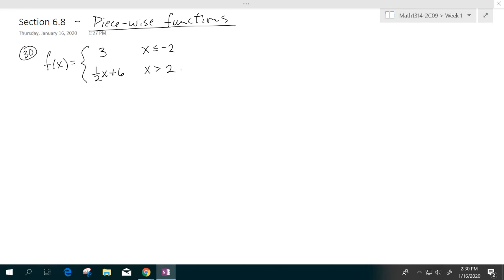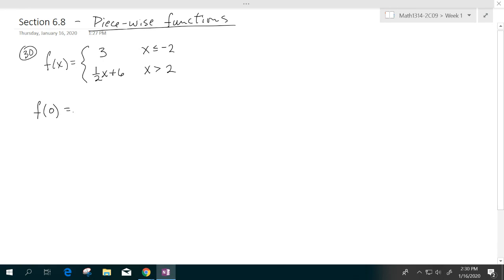Nobody laughed. All right. So let's see if you can find a value of this function. Let's start with f of 0. We're going to try to evaluate a piecewise function. Do y'all see that the number in the parentheses is an x value? That's my x.